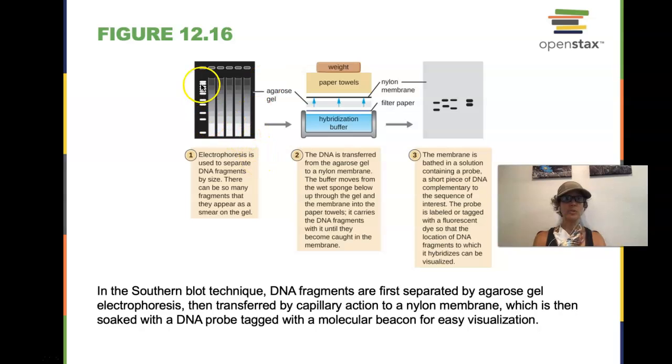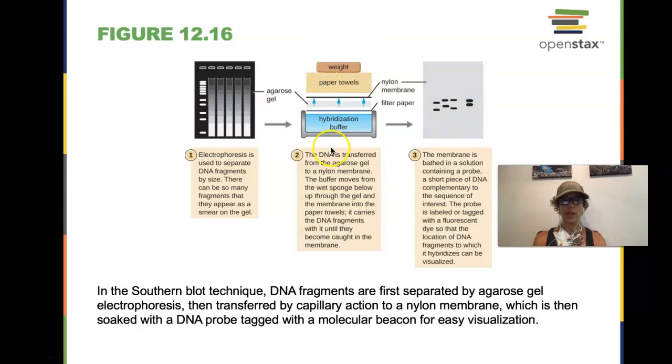And no matter whose DNA is in what lane, it all looks like a really big smear. But if we wanted to look for the presence of particular DNA fragments, we could transfer the DNA that's in this gel onto a nylon membrane. And not a membrane like a cell membrane, like a filter paper.